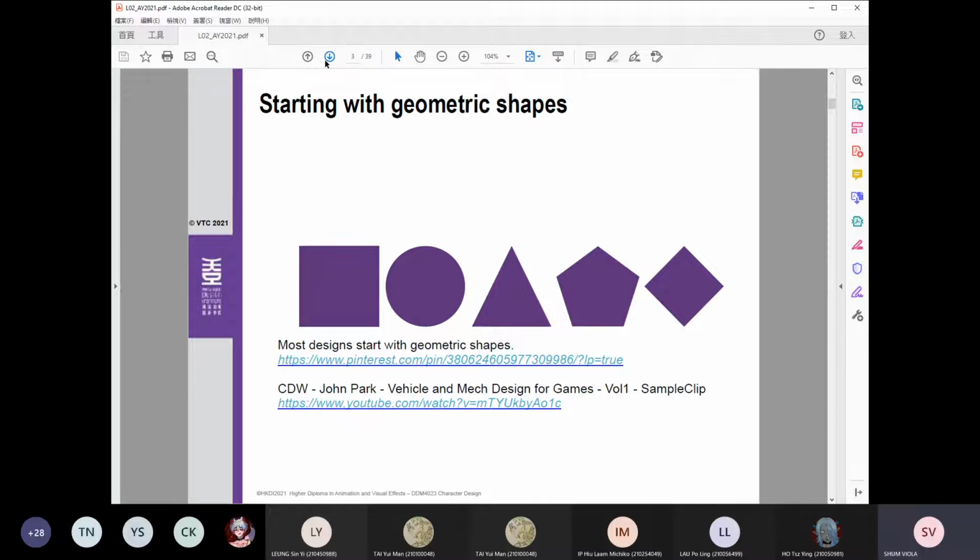Okay, because I think the sketching process can be done on paper. Okay, but for the rest of the assignment, for example, how you add the detail, how you do the coloring, I really, really prefer you do it digitally. Okay, so you have to bear that in mind.